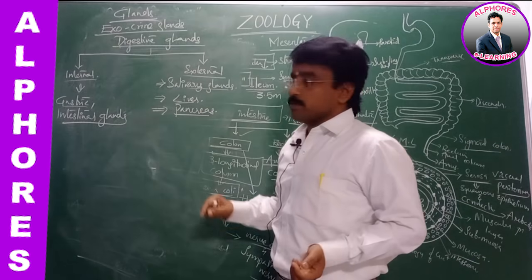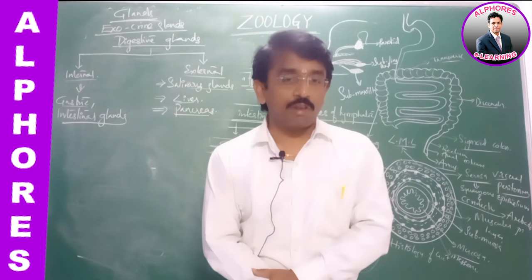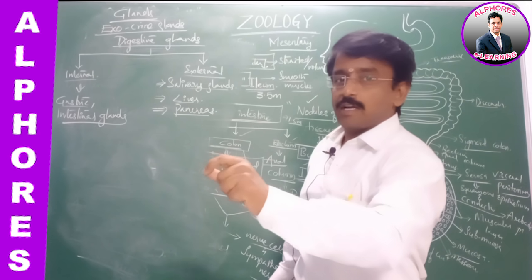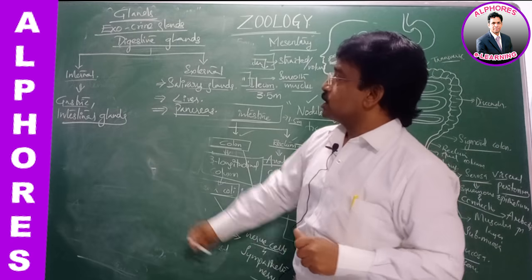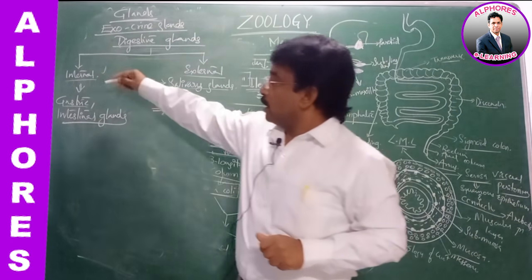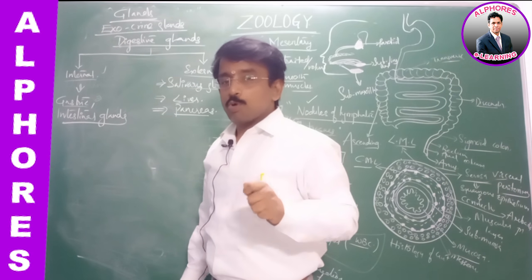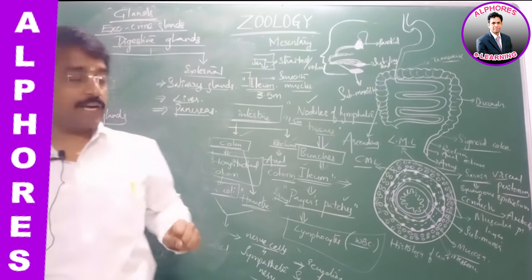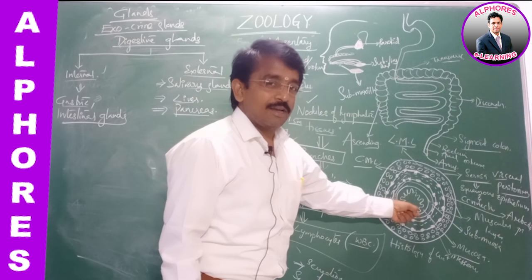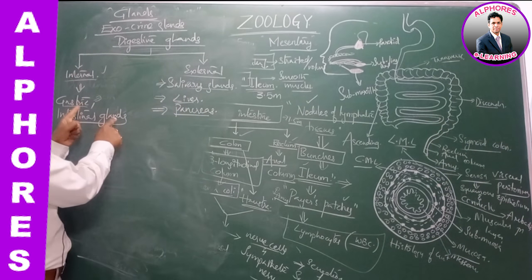Salivary glands are present in the oral cavity, not inside the wall of the gut. The ones present in the wall of the gut are internal. In the stomach region, in the mucosa, we find the gastric gland. So it is an internal portion.